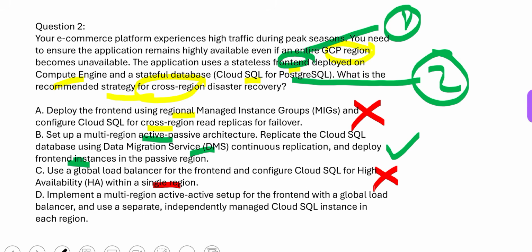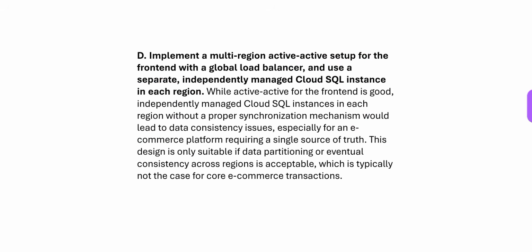Option D says, guys, we will do a multi-region active setup. Okay, that's great. Now we have something which is similar to option A. So multi-region active setup for the front end and a separate independently managed Cloud SQL instance for each region. See, the thing is active is perfect. It is good. But independently managed SQL instances in each region without a proper synchronization mechanism would lead to data consistency issues.